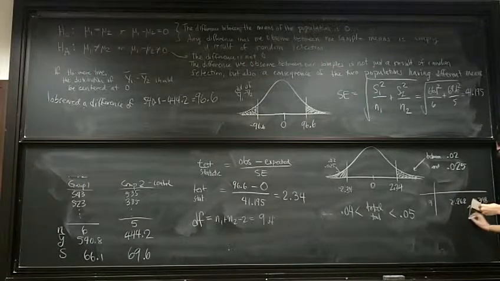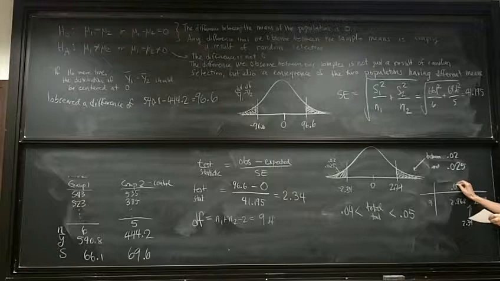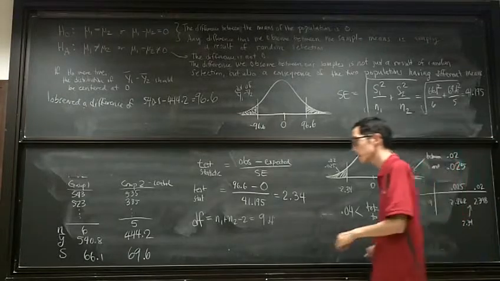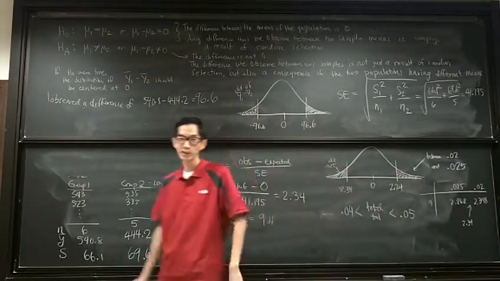So 2.34 fits in between these two numbers, and this corresponds to a tail area of 0.025, and this corresponds to a tail area of 0.02. Because the t is in between these two numbers, I know my tail area is in between these two numbers. So my total tail area is between 4 and 5%.